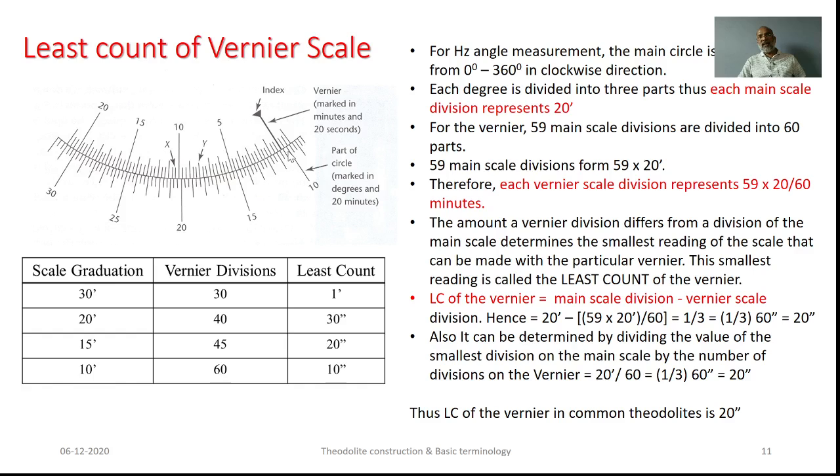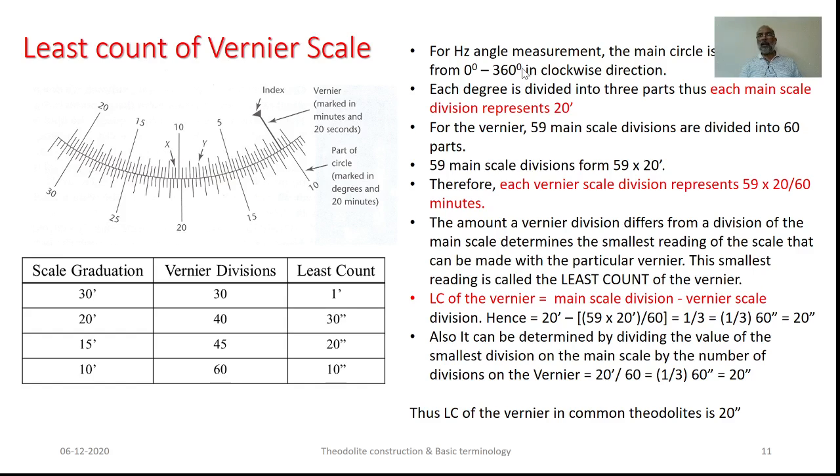As such, each division reads here 20 minutes. Let's try to understand how we can make use of the scales in order to determine the least count of vernier scale.